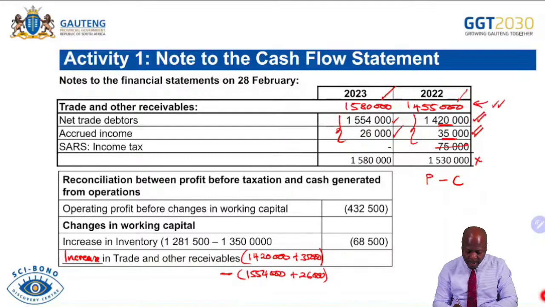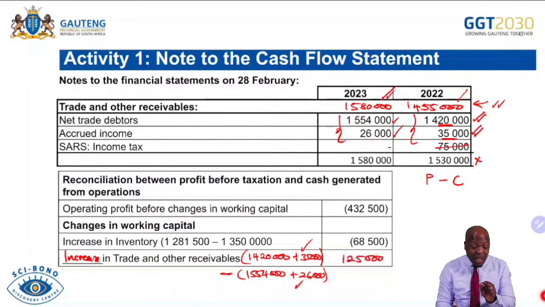So I say the total of the amount in the first bracket, which is 1,455,000, minus, because we're saying previous minus current, the 1,554,000 plus the 26,000. Remember how much it gives us? It gives us the 1,580,000. When you punch it in the calculator, how much do we get? You get 125,000.